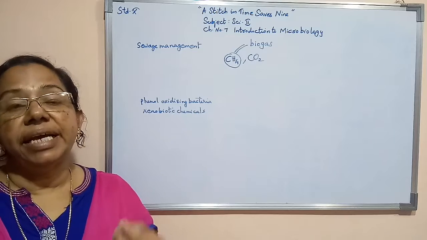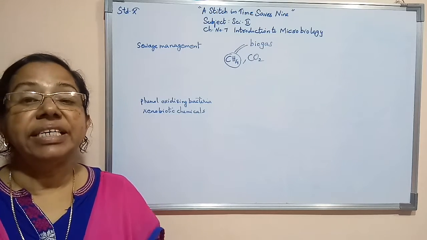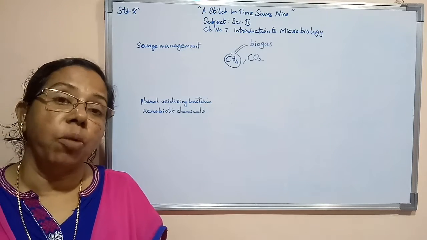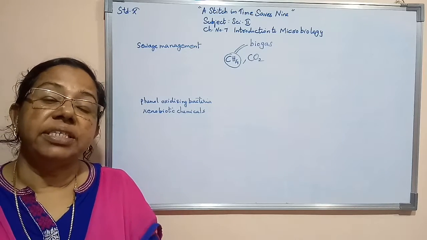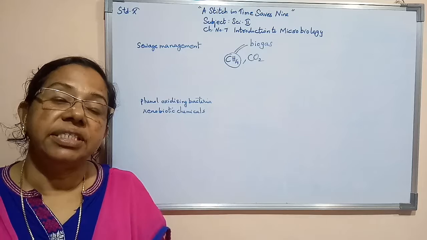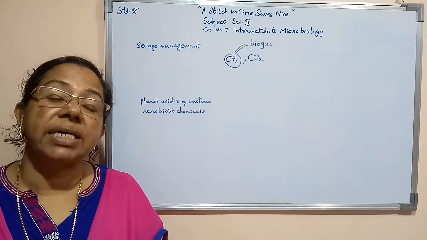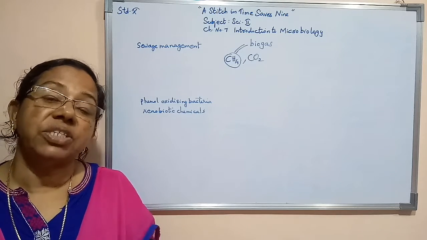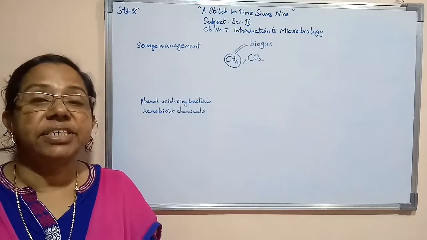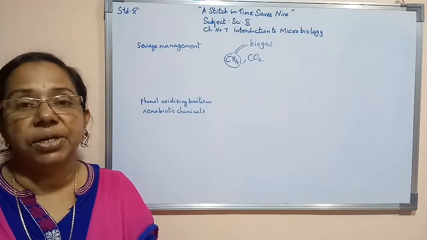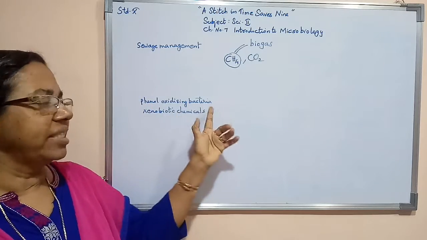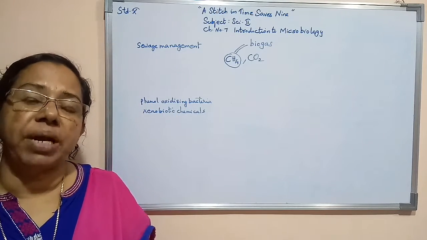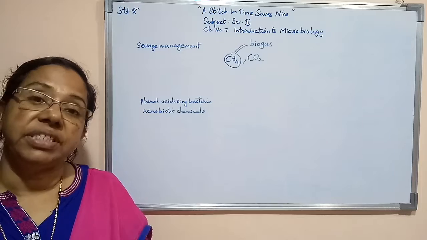A type of microorganism which decomposes some compounds, as well as poisonous or harmful disease germs of cholera and typhoid, such microbes they add into the sewage. Other thing, phenol oxidizing bacteria, a type of microbe they add into the sewage.